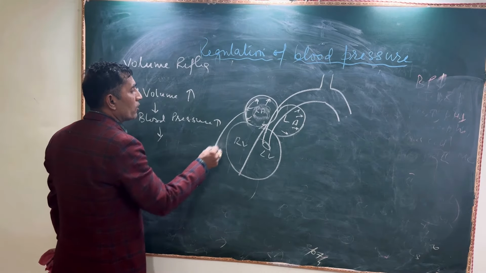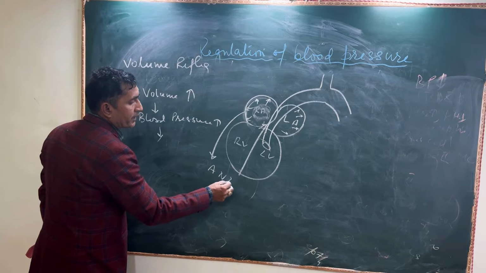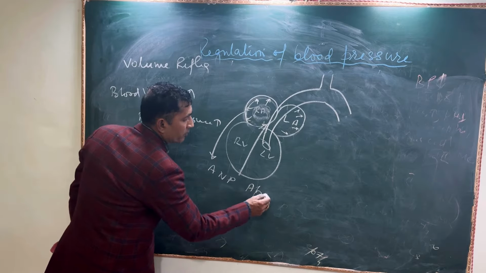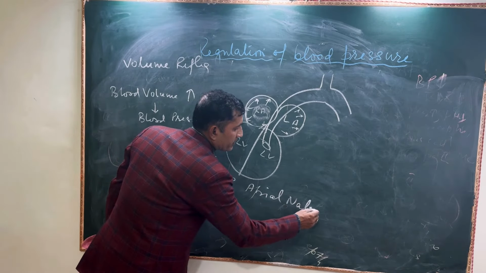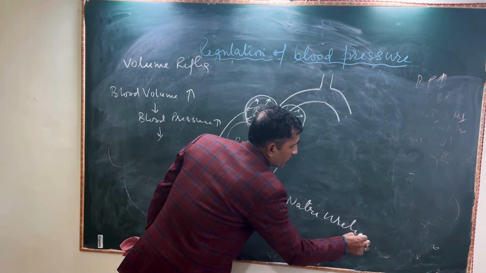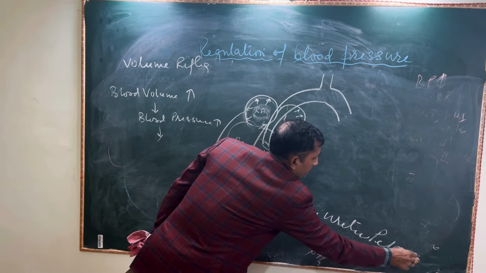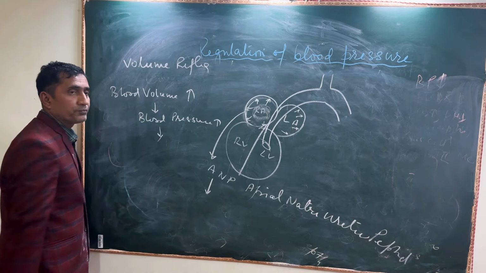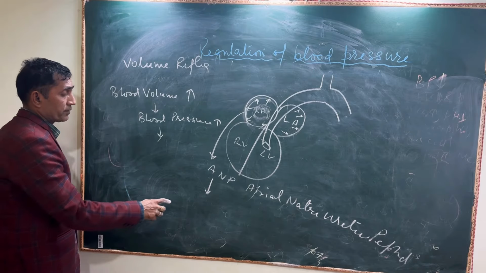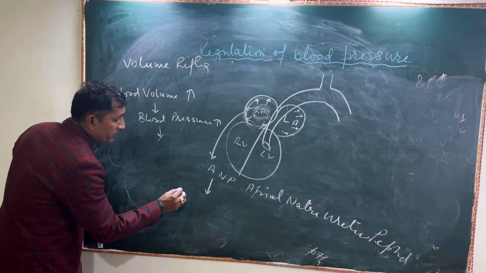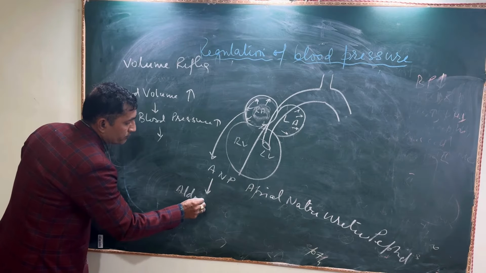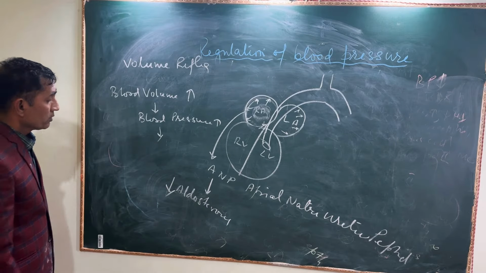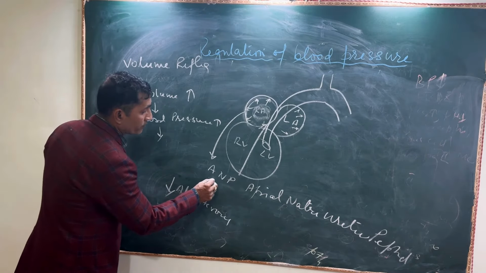So there is a release of atrial natriuretic peptide, and this atrial natriuretic peptide will have an effect on the secretion of aldosterone. Aldosterone secretion will be less.